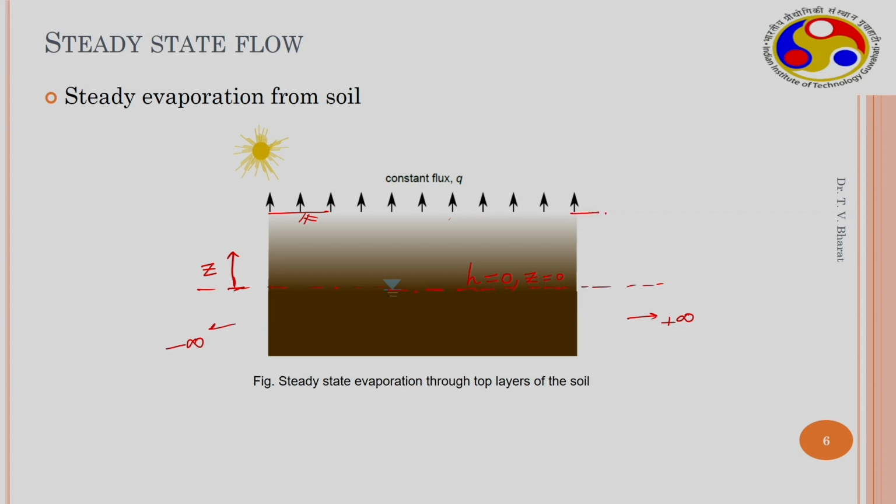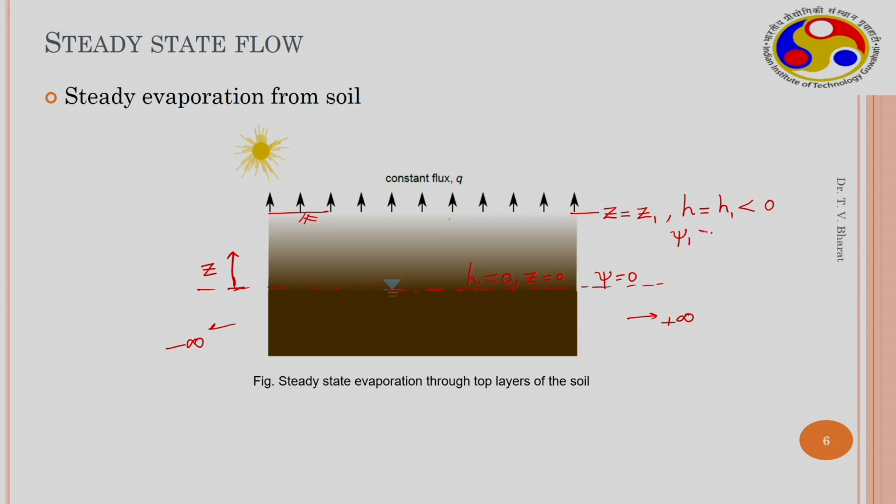Here at some elevation Z1, you may have some H1. So this H1 is much smaller than 0. Because as it dries, the suction value increases, or the suction head decreases. So therefore the suction head is a negative value. If you are talking in terms of suction, it will be higher here. Here it will be psi equal to 0.